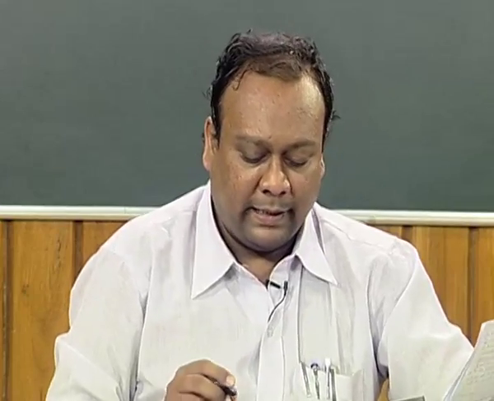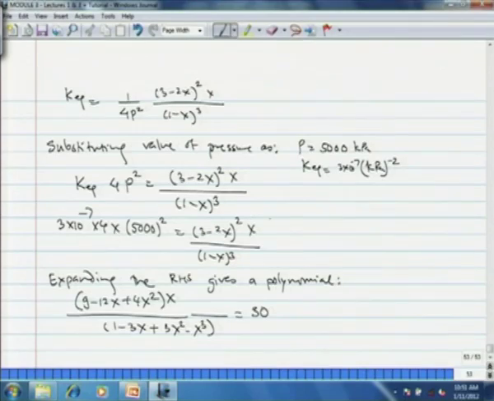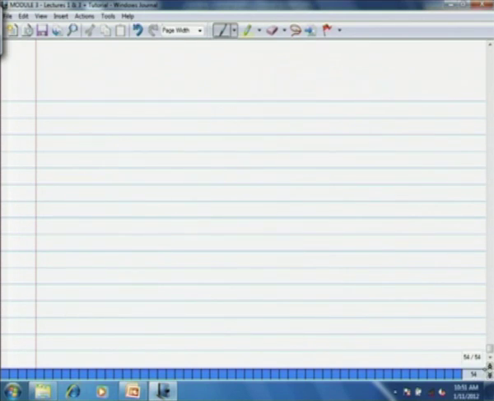The polynomial that you get after expansion of this particular quantity is, I am going to give you now, 34x cube minus 102x square plus 99x minus 30 is equal to 0.